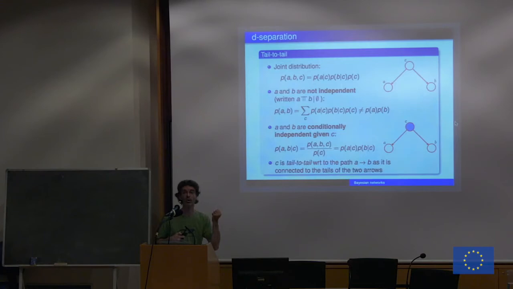I will show you that there are some structures in which it is the contrary with respect to what we see here. So it's not always the case that if you lack an edge, you are independent only if the middle node is observed, okay? This holds here, but there are cases in which this doesn't hold.